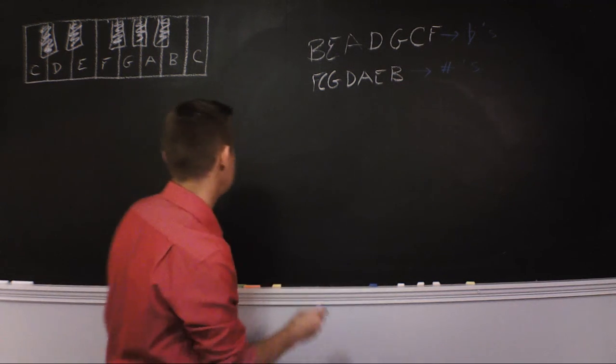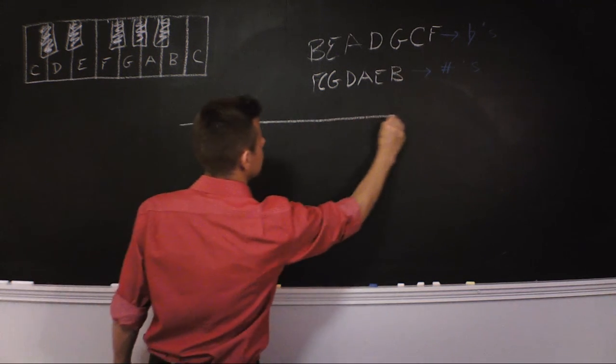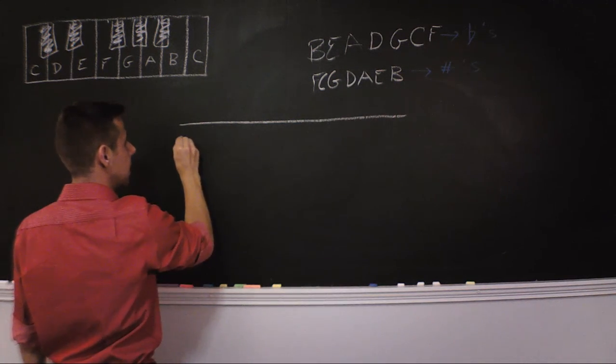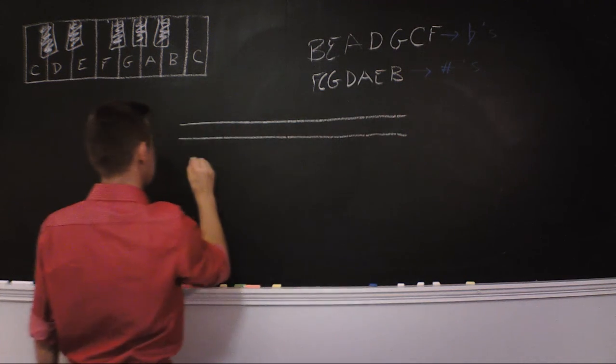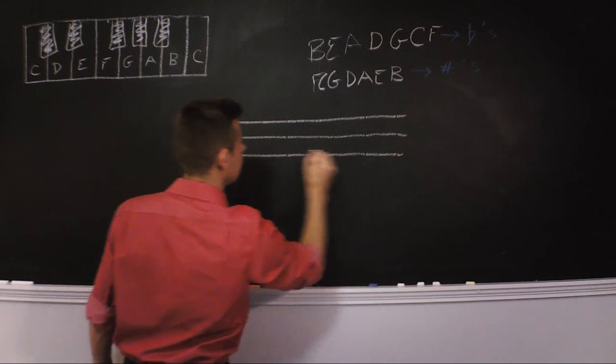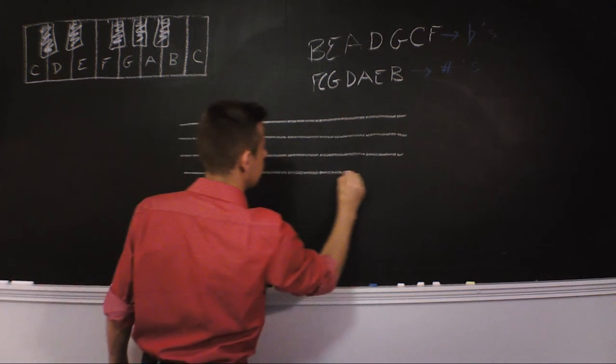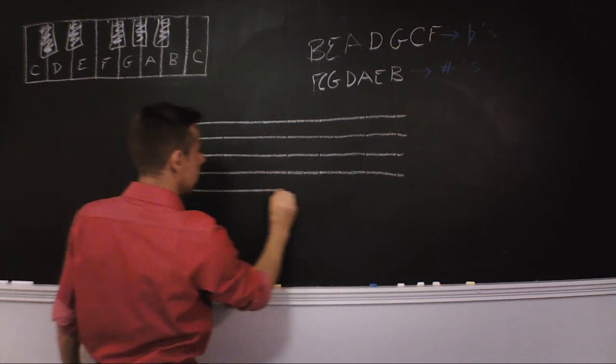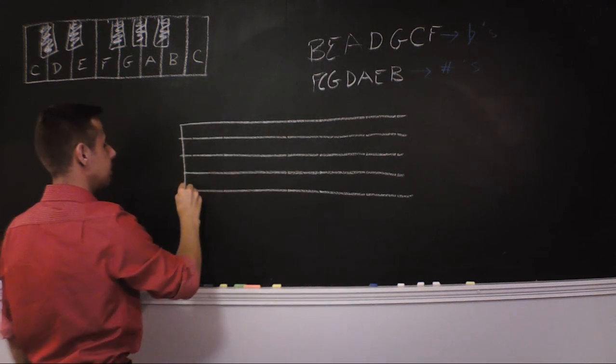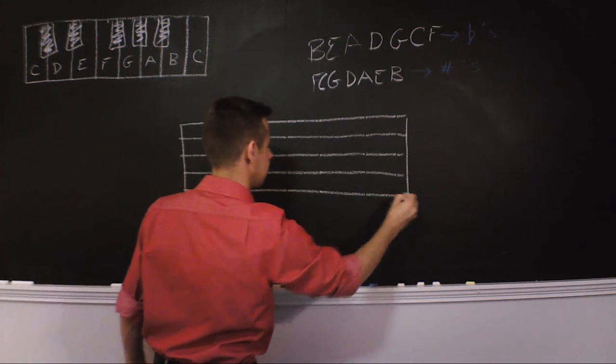So I'm going to draw up a staff now. And the order is the same as they're written there, but it matters where you put them. Because if you notice, there's 2 Fs on this staff, if it's treble clef. And just as a convention, we always do it the same way.